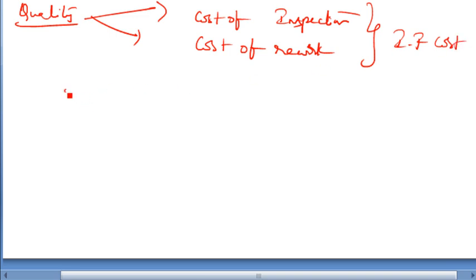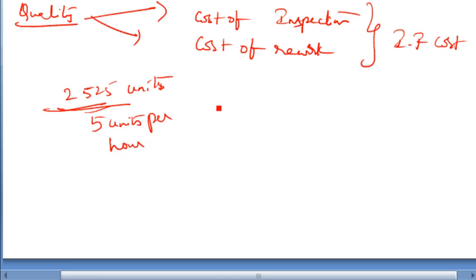Now, how many units are reworked upon? 2525. I think he has reworked totally 2525 units. That's what is given in the question. And time required to rework 2520 units per year is 2520 units divided by 5 units per hour, which gives rise to 505 hours per year.